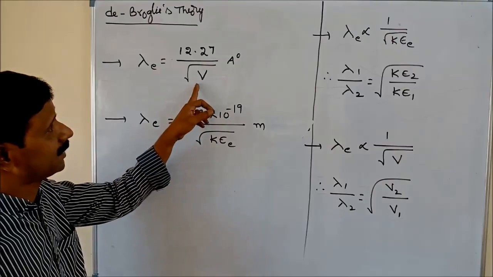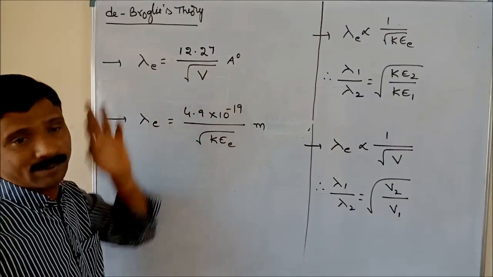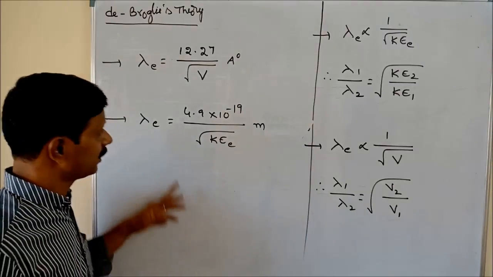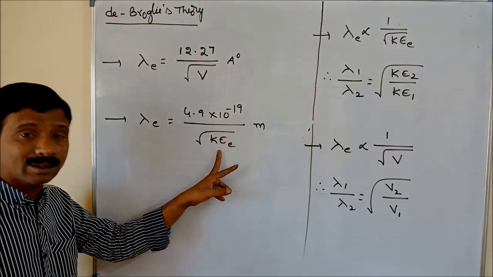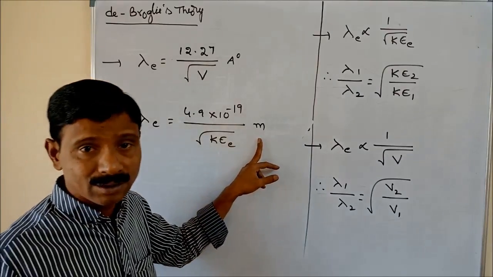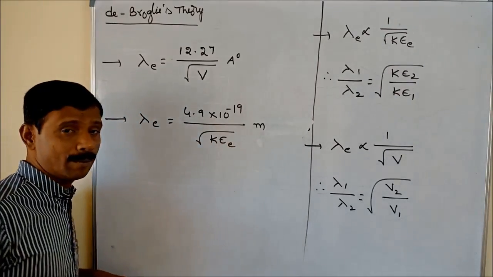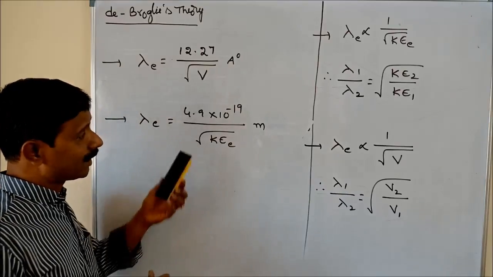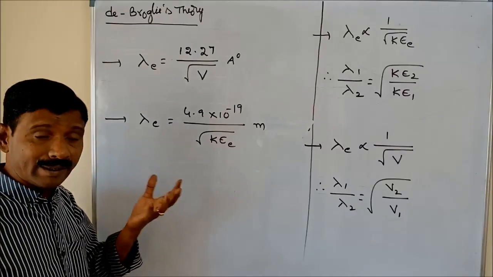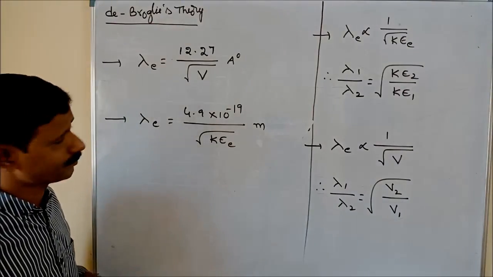With respect to accelerating potential, in angstrom, this is the formula; after that, we have to convert into centimeters or meters. And if kinetic energy is in joules, in SI units, the wavelength should be in meters. So that is around 4.9 into 10 power minus 10. This is regarding the wavelength of the electron.